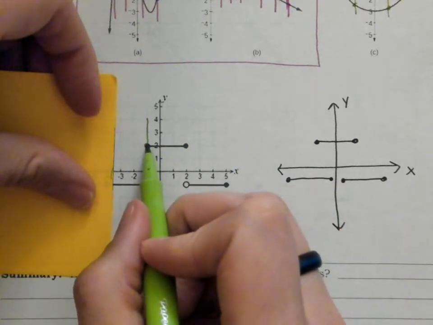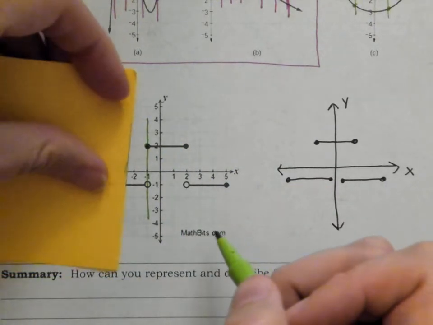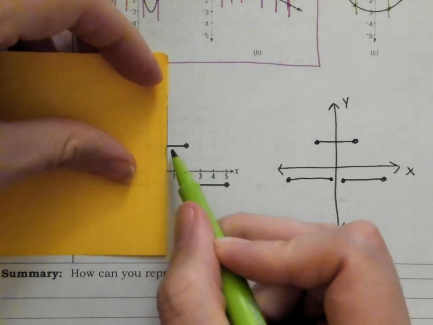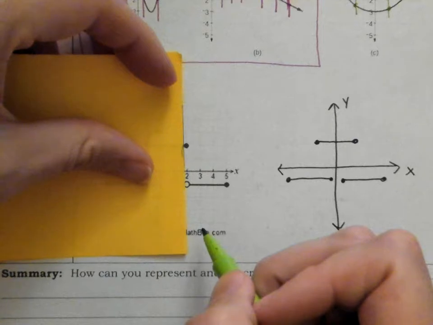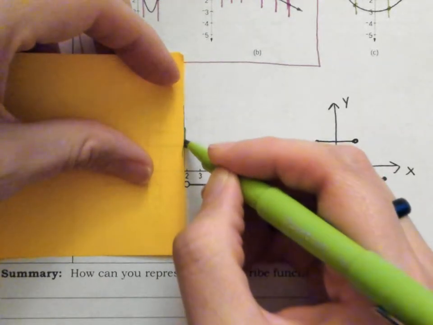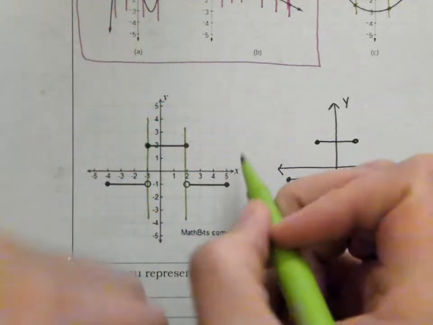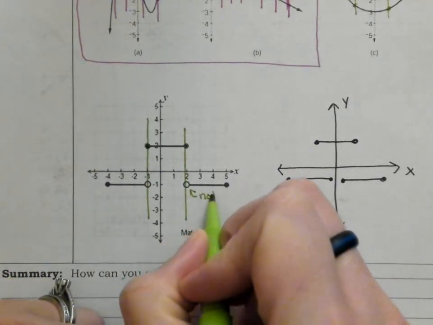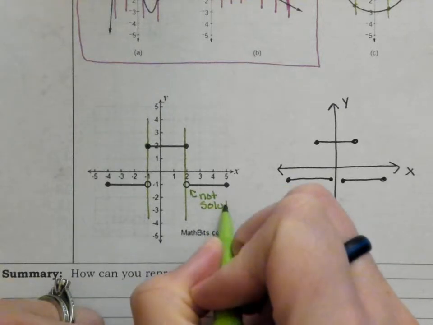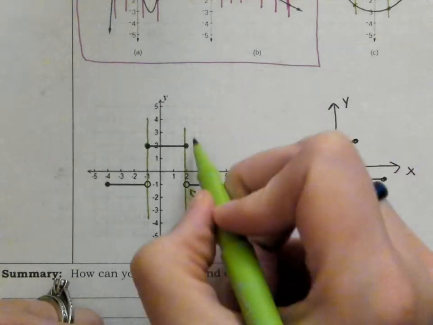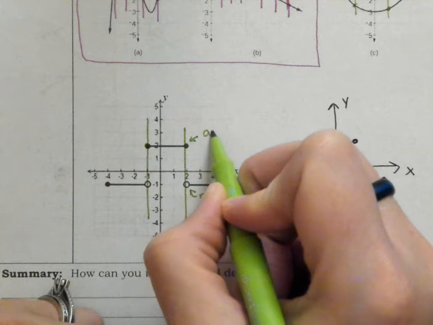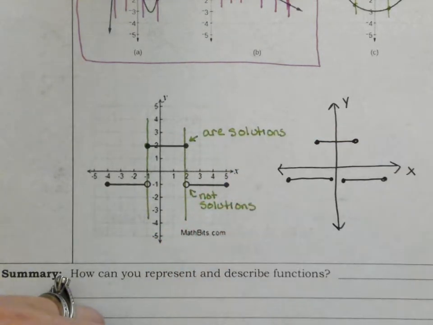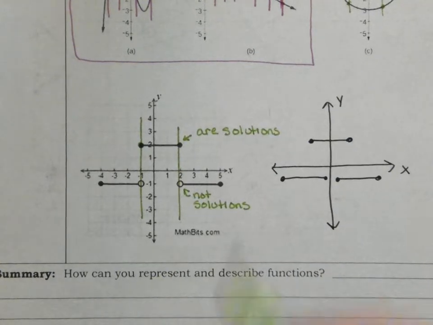So I'm still only touching 1 point that's included in my graph. I keep following this along, still only touching 1 point till I get here again, and if I draw this line, it looks like it's going through 2 points, but open circles are not solutions. Closed circles are solutions. Okay, so this is a function.